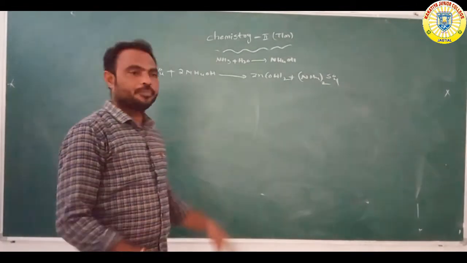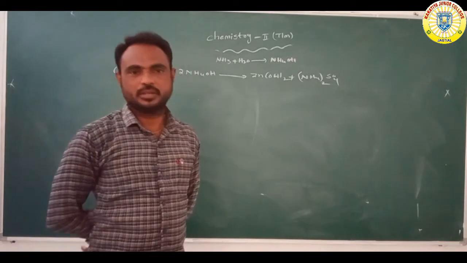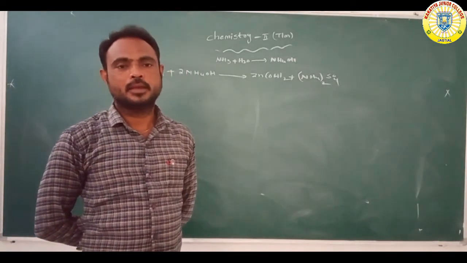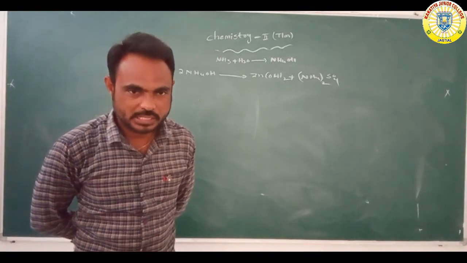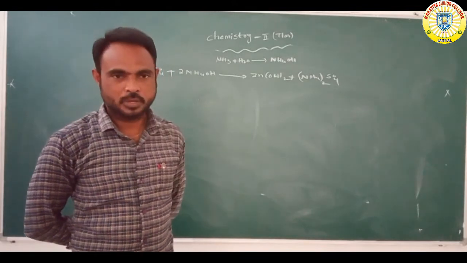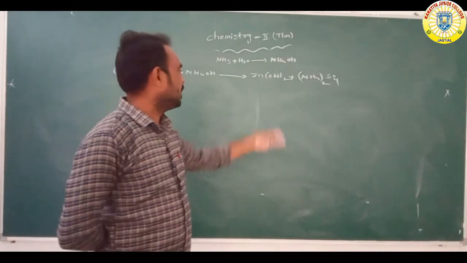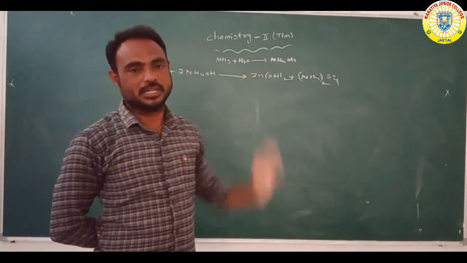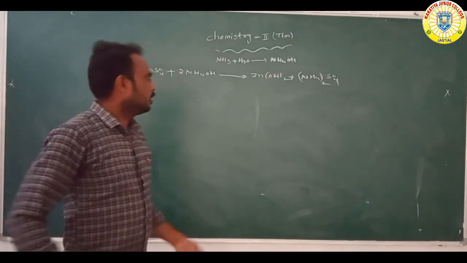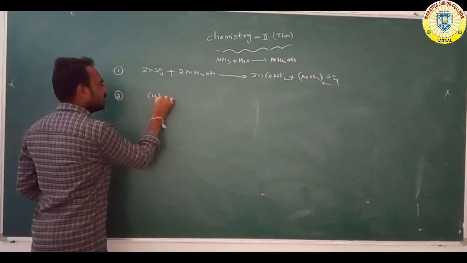So when zinc sulfate reacts with ammonium hydroxide, which is formed by ammonia and water molecules, the reaction forms a white precipitate of zinc hydroxide, along with ammonium sulfate.